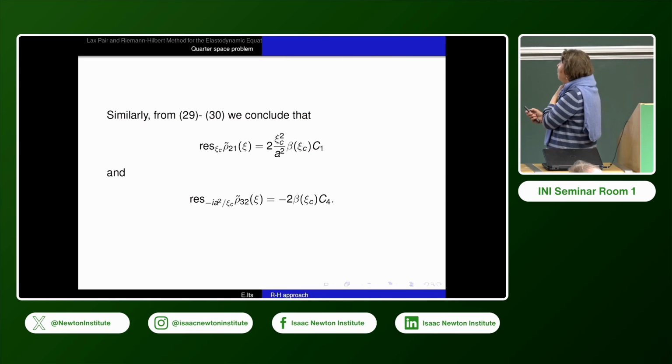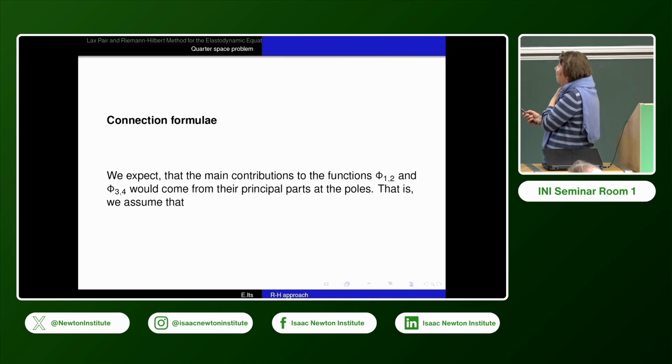Now we are doing the last step. We are writing the connection formulas. We expect that the main contributions to the functions phi1 and phi2 and phi3 and phi4 would come from the principal parts of the poles.